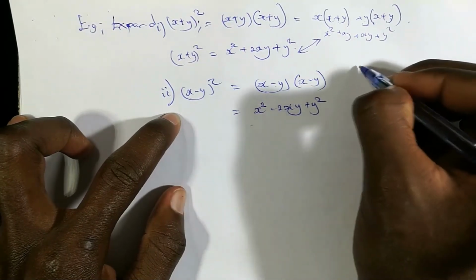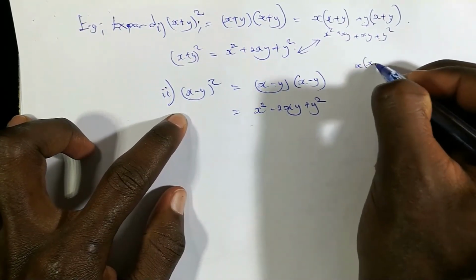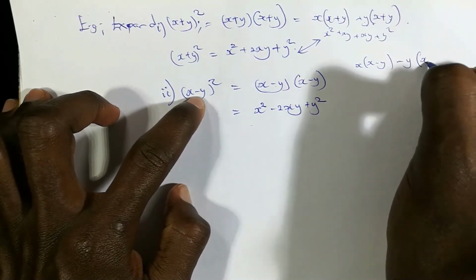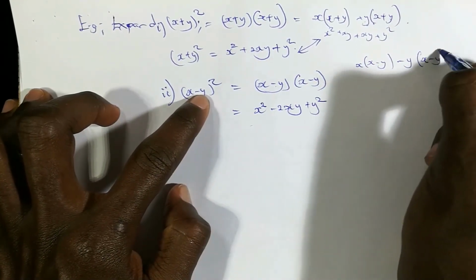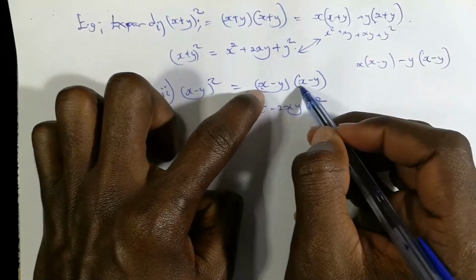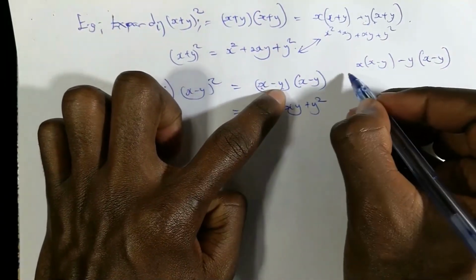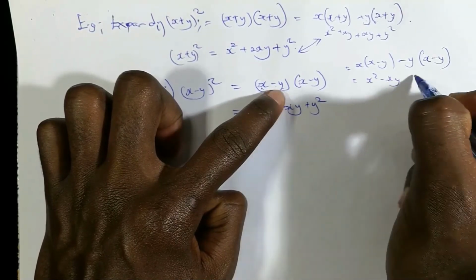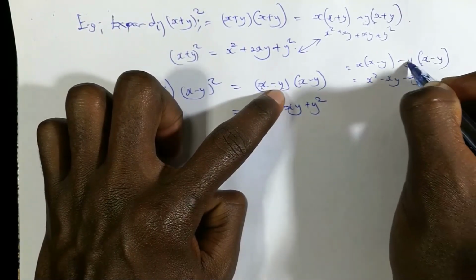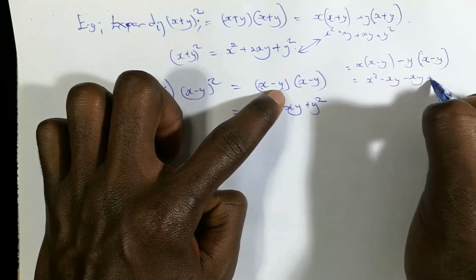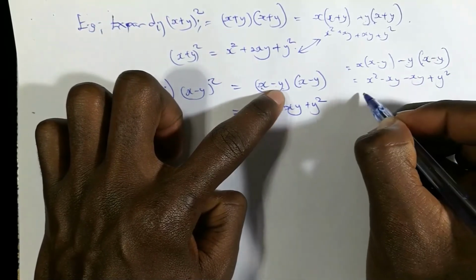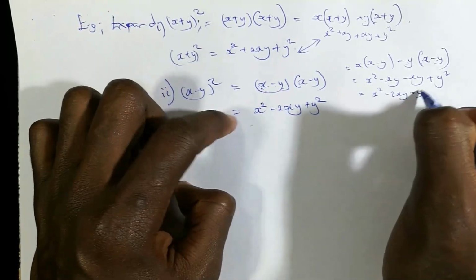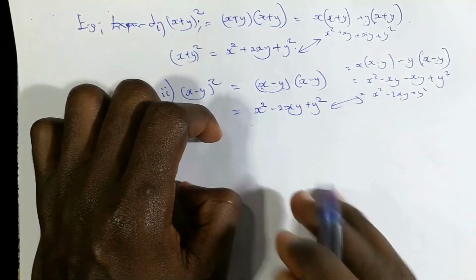If you use the normal way, we would have x into x minus y, minus y into x minus y, multiplying each term. So we would have x squared minus xy, here also minus xy, then negative times negative will be plus y squared. You'd see you would have x squared minus 2xy plus y squared, which brings us back to this.